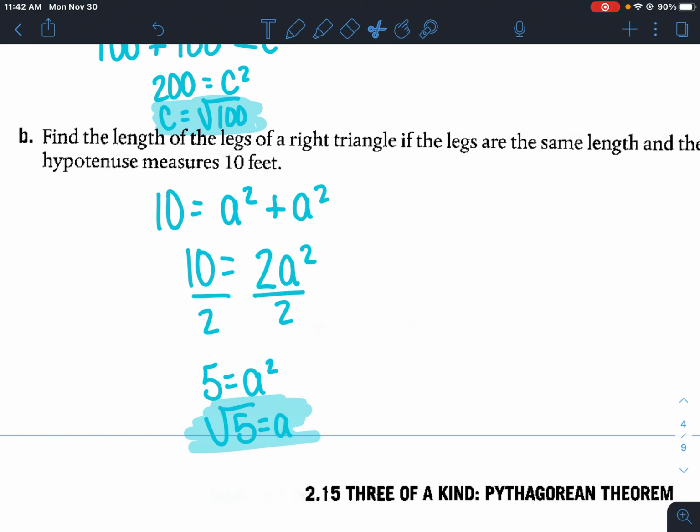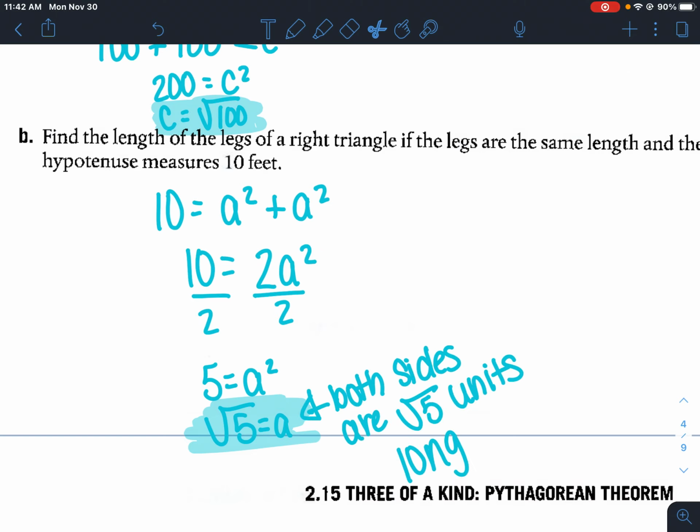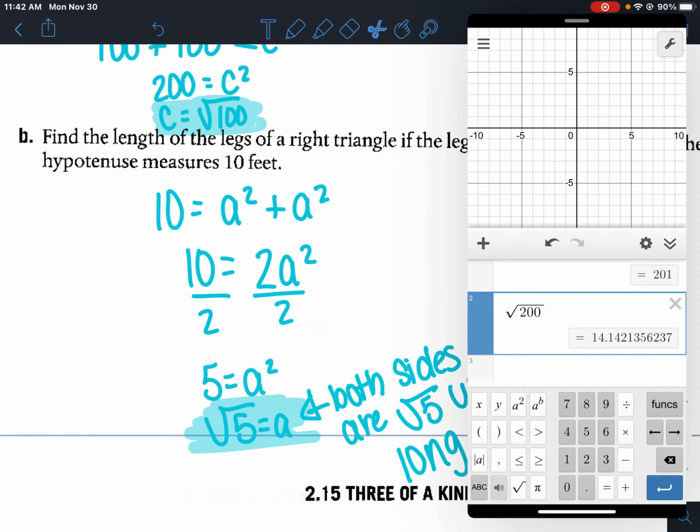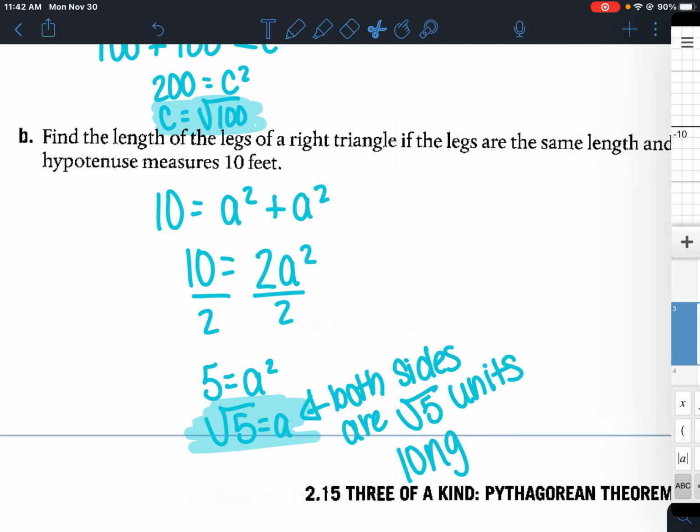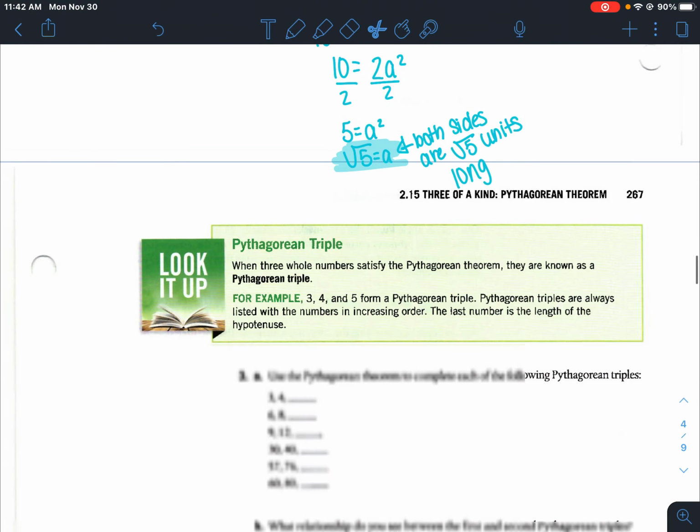So both sides are approximately square root of 5 units long. Again, if you wanted to be specific, square root of 5 is 2.24 feet long.